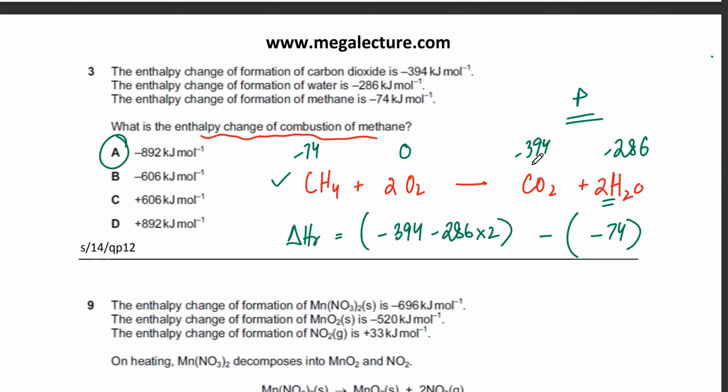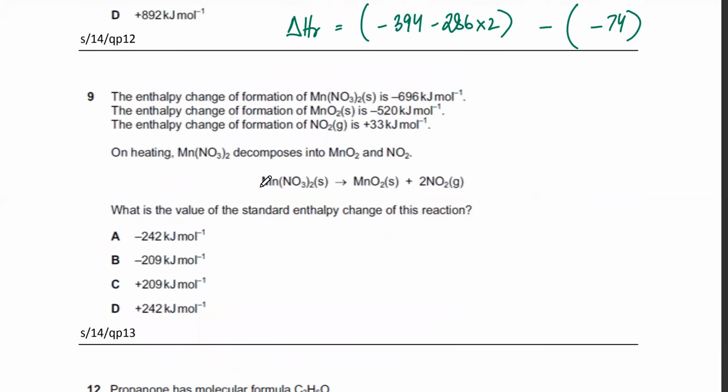So the question now becomes very simple. You just have to apply the formula and you'll be able to solve the question very, very quickly. Next one, it's exactly the same. What is given? The enthalpy of formation of this one is given, this is minus 696. The enthalpy of formation of MnO2 is given, that's minus 520. The enthalpy of formation of NO2 is also given, that's plus 33.